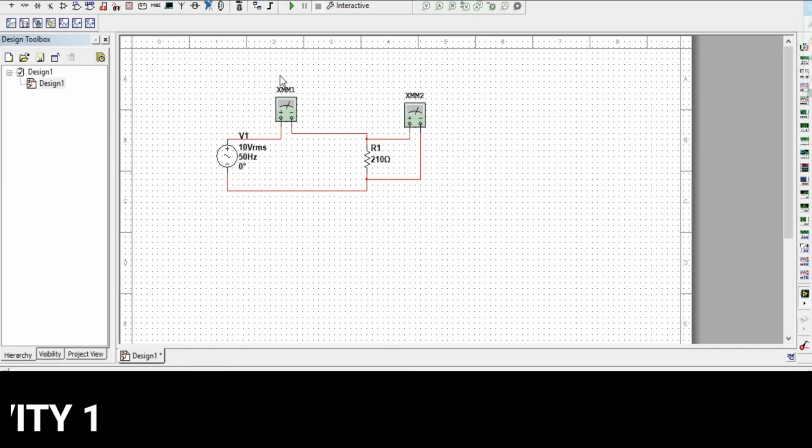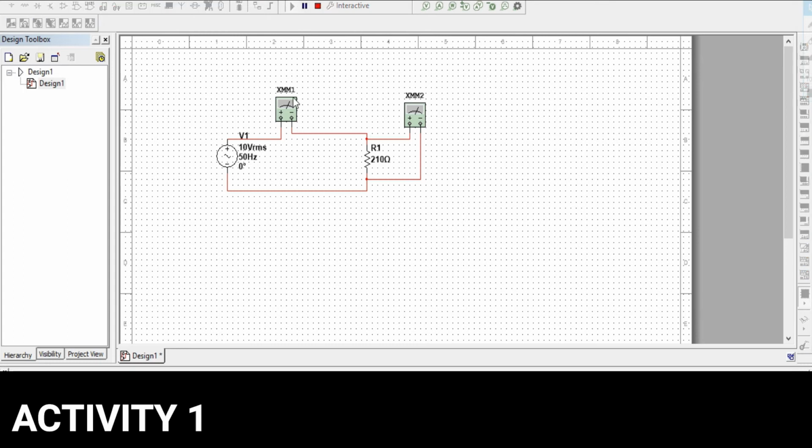For part 2 activity 1, first we place an AC power source with 10 volt and frequency 50 Hz. And after that we place a load which is R1 equals 210 ohm, an ammeter in series with the circuit, and a voltmeter in parallel with the load.